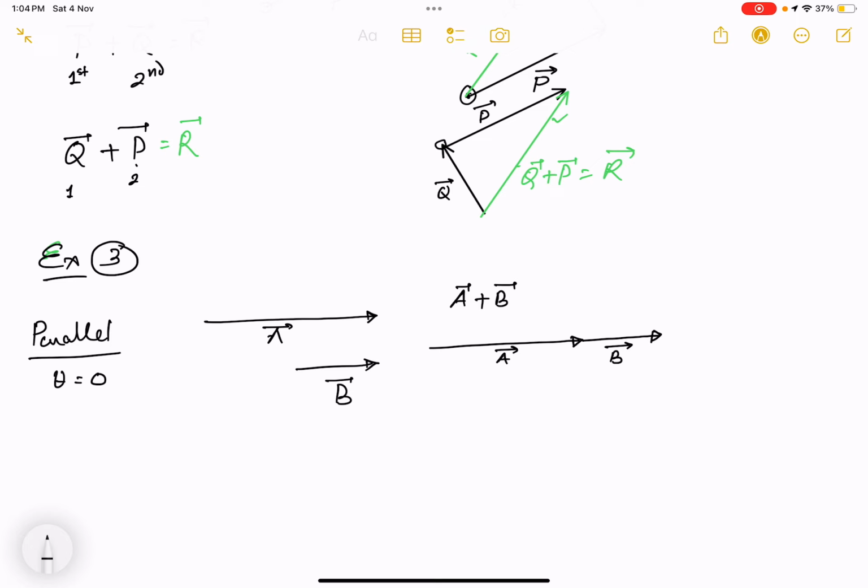A के टेल से B के हेड पर. So you will draw a line on this only. If you draw a line from this point to this point, you will draw on the same line. So it is not visible then. तब वो दिखाई नहीं देती है.